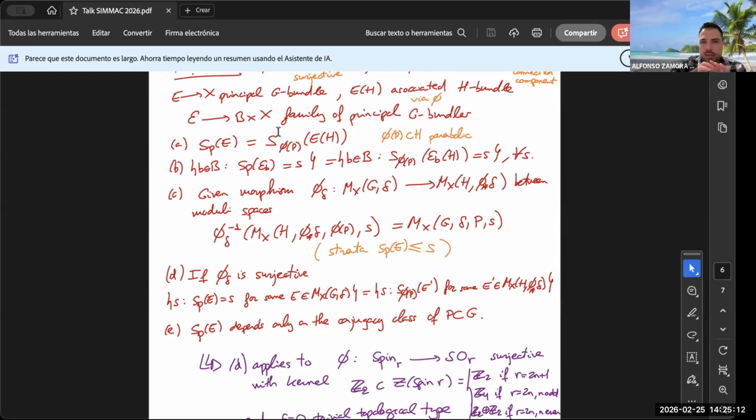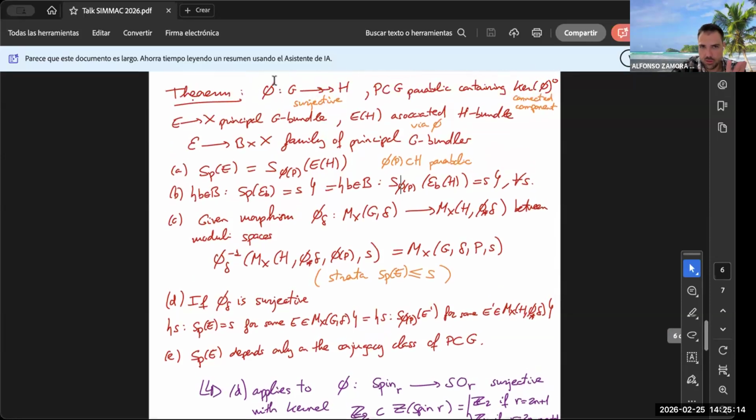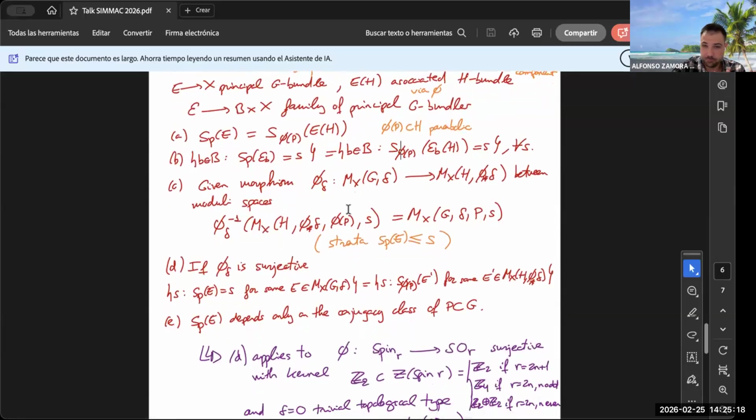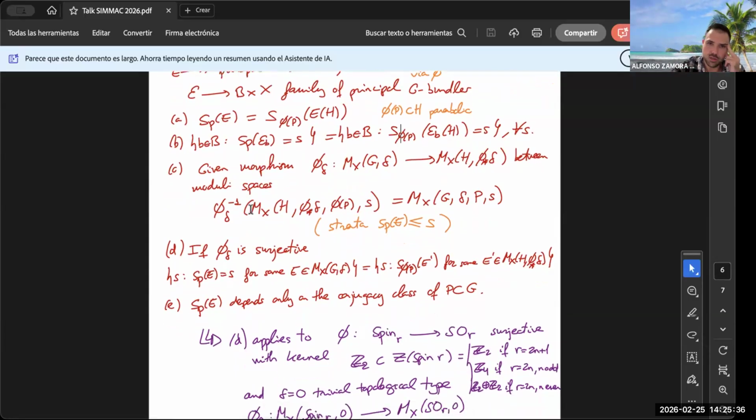Then the map between G and H produces a map between the moduli space of G bundles and the moduli space of H bundles with the corresponding topological type. Then we have that the stratification has a correspondence by the preimages of this map. So these are the strata on the H side, and these are the strata on the G side.